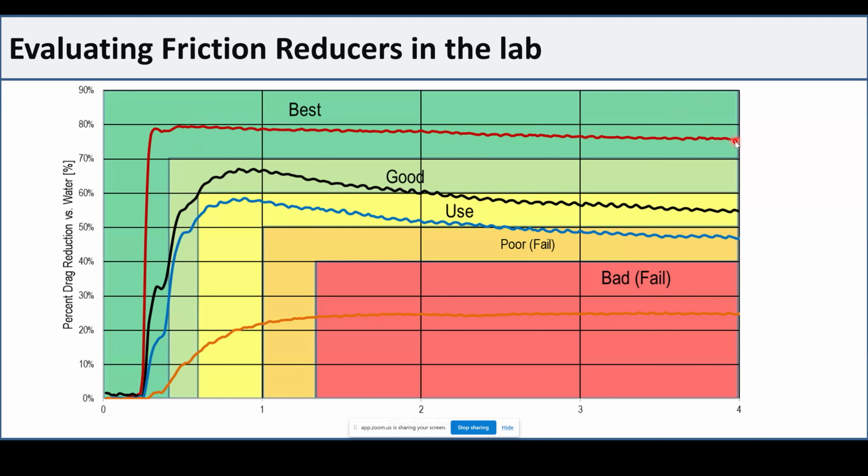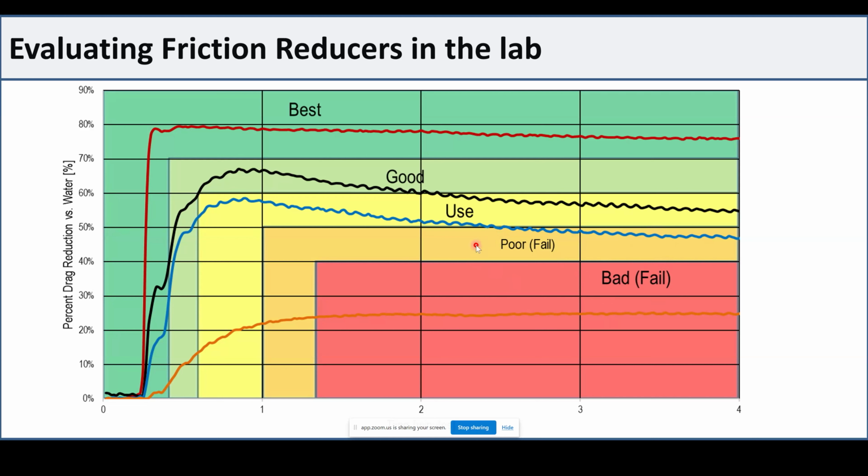So at the end of whatever time we are selecting, the 4 minute, 10 minute, depending on whatever time we are going through the pipes, if it's between 70 and 80, we call it the best. If it is between 60 and 70%, that is good. Above 50% is still usable in some cases, but less than 50%, that's poor, and definitely less than 40%, that's a bad fluid.